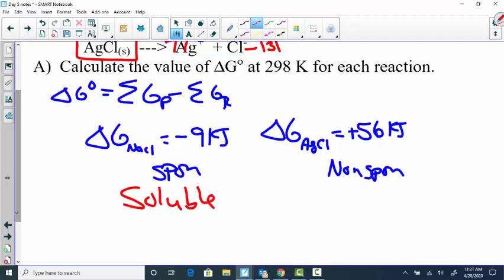Okay, that's soluble. Silver chloride is not soluble. Now, the delta G values actually tell you that, okay? Because this is spontaneous and that's non-spontaneous.